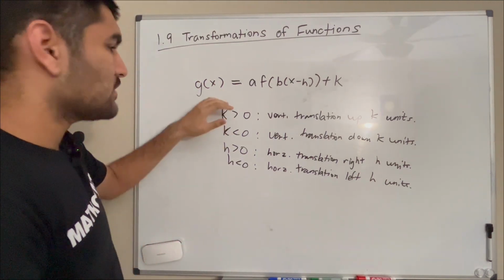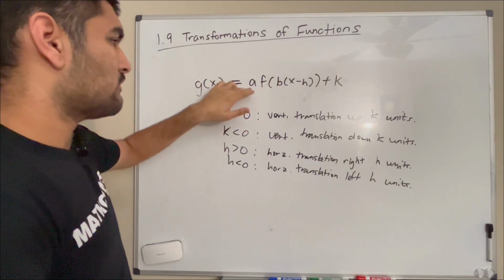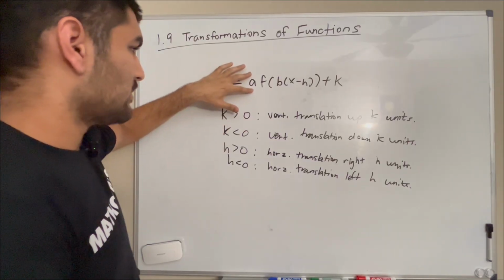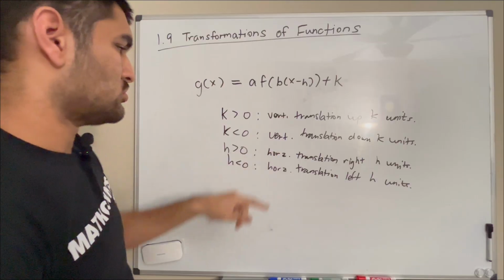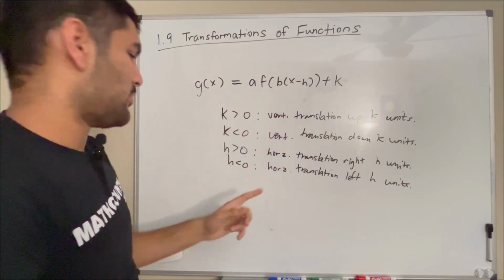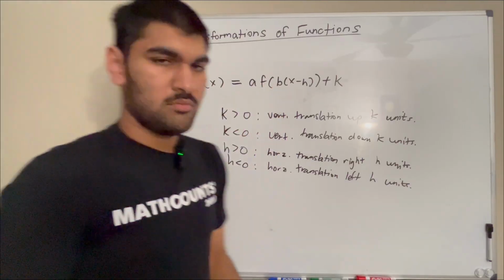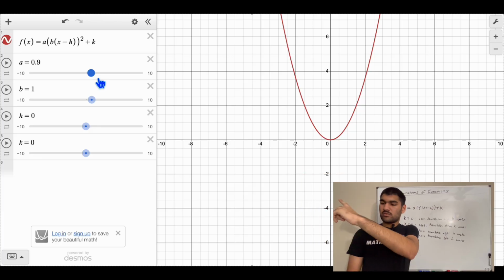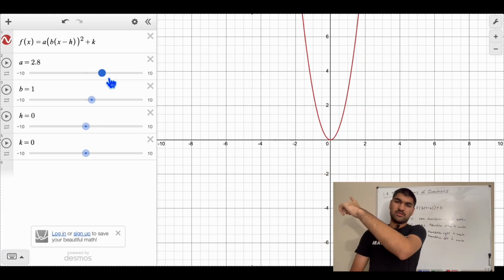And so next we have dilations. So you can have vertical dilations, which is what A represents, and horizontal dilation, which is what B represents. And basically it's compressing or stretching the graph as shown here.